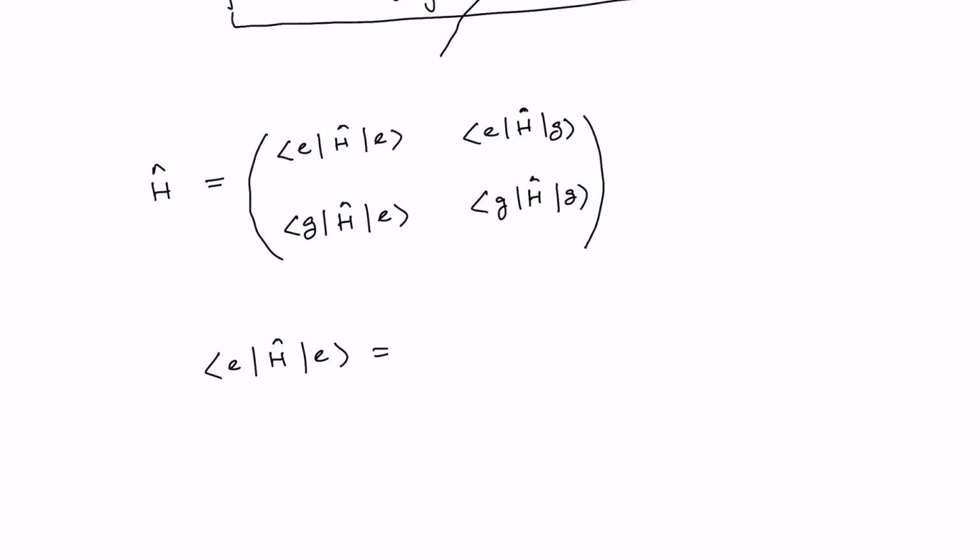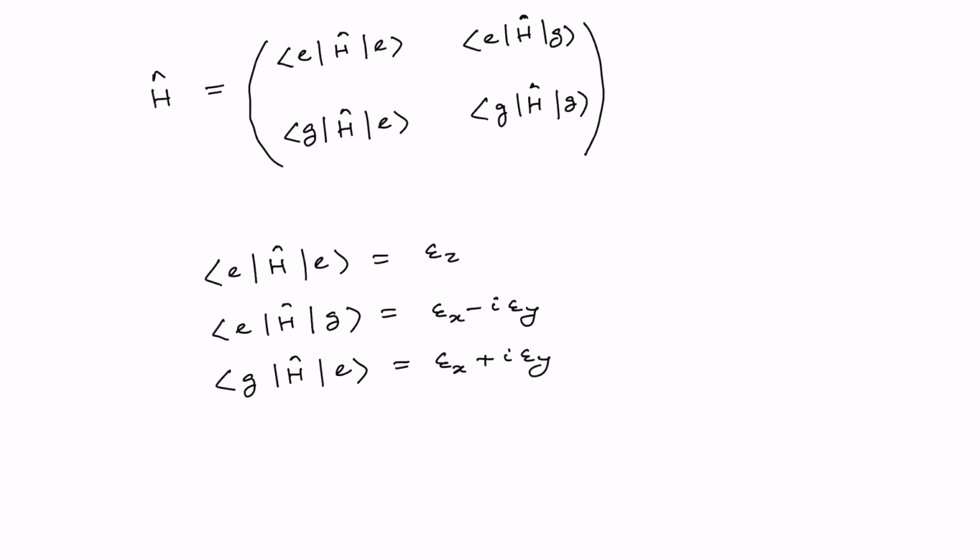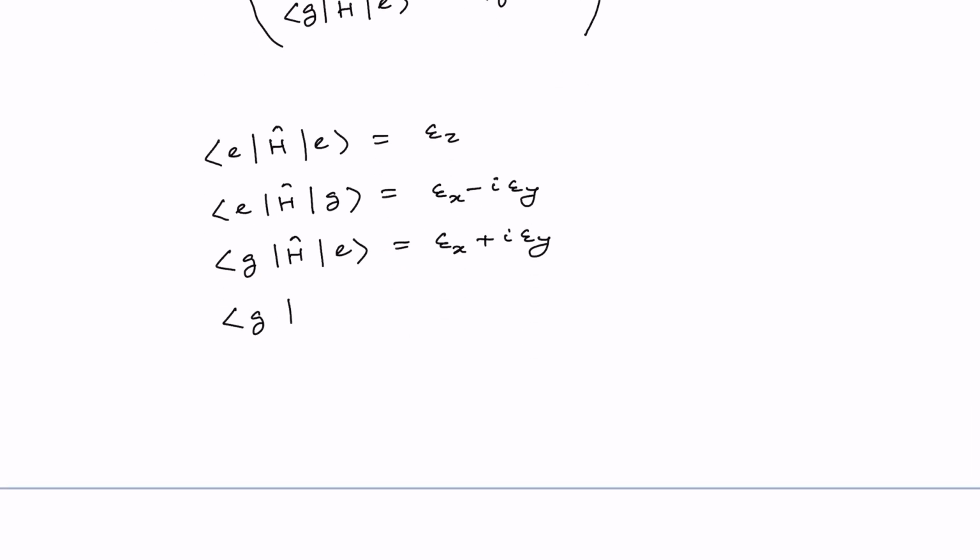Now, as per our representation, the values of the various elements are as follows. EHE is epsilon Z, and EHZ is epsilon X minus i epsilon Y, and ZHE is equal to epsilon X plus i epsilon Y, and ZHZ is equal to minus epsilon Z. As you see, these are the diagonal elements and these are the off-diagonal elements.